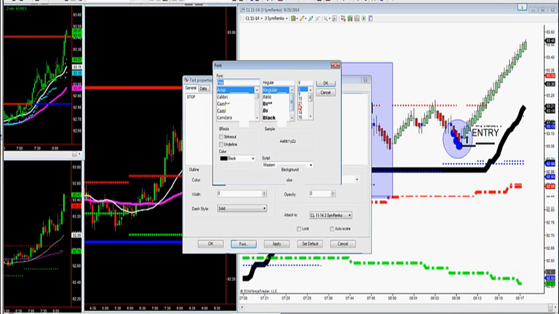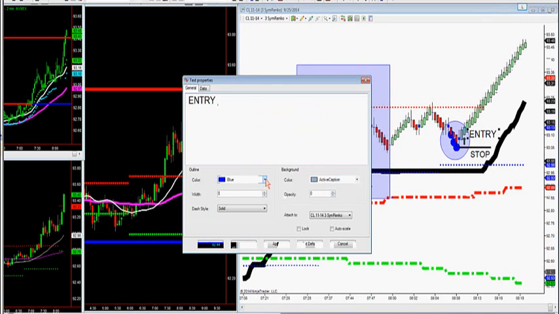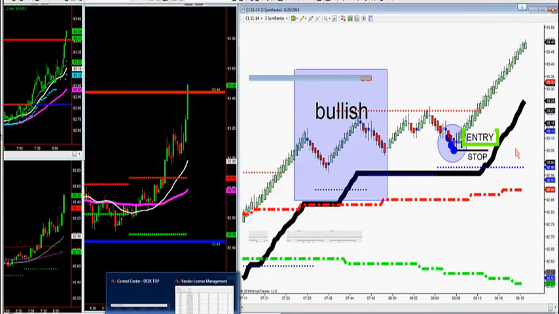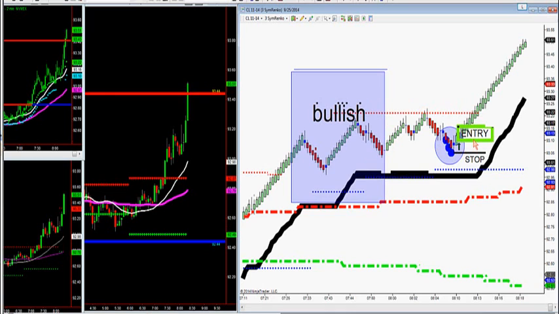That's how small the stops are on these trades. Great reward to risk. There's your stop. Entry is the arrow. Make it green so you can see it. Entry is a green arrow. Right there.